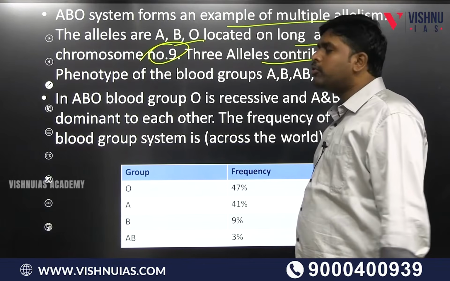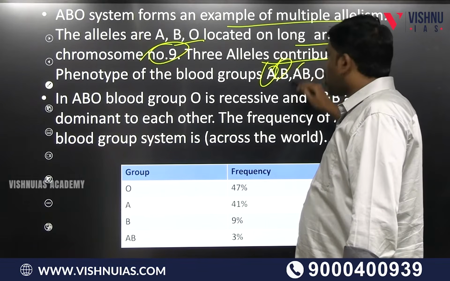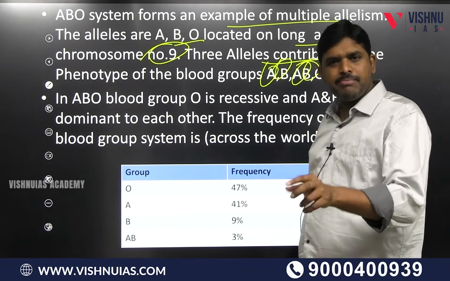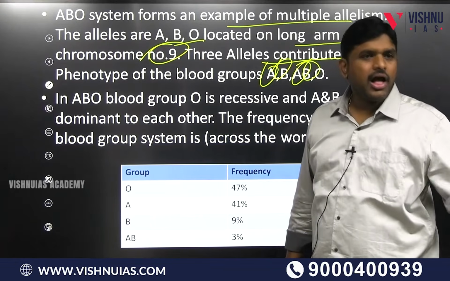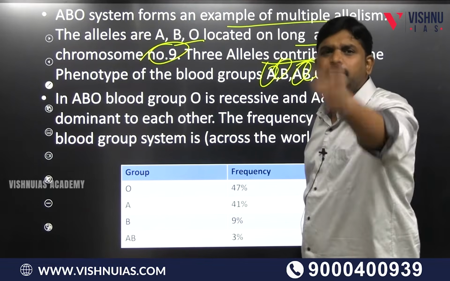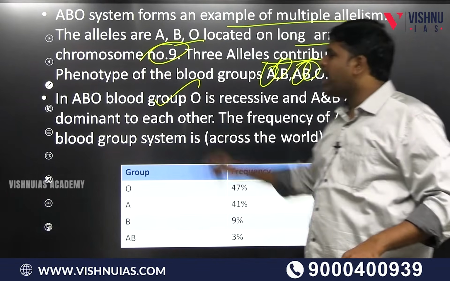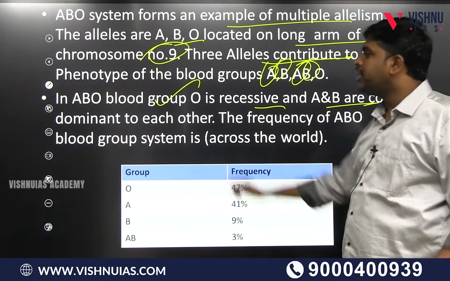Three alleles contribute to the phenotype of the blood group: A, B, AB, O. It can be A, it can be B, it is a combination of A and B, or it is the absence of A and B. Accordingly, A blood group, B blood group, AB blood group, O blood group. In the ABO blood group system, O is recessive, and A and B are codominant to each other.